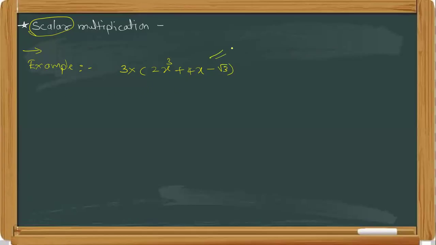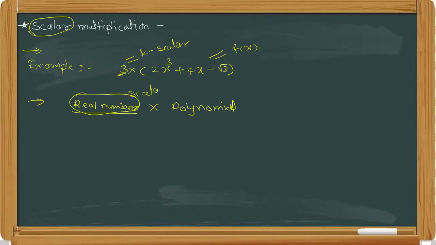See, this is a polynomial, say f of x, and this is scalar k. This 3 is scalar. That means we are multiplying a real number to a polynomial. Understood the meaning?